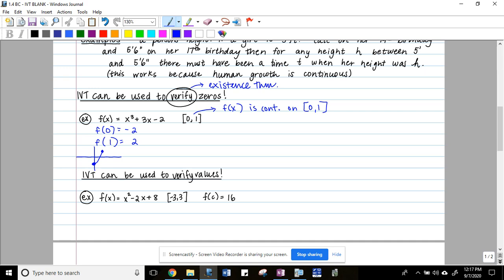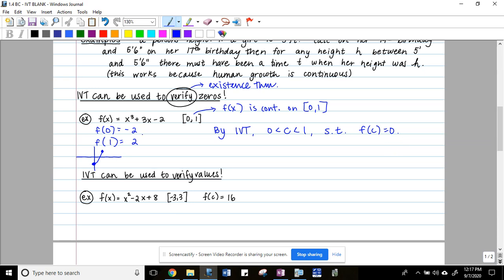But this just says, by IVT, there must be some c that falls between 0 and 1, so 0 less than c less than 1, such that f of c equals 0.